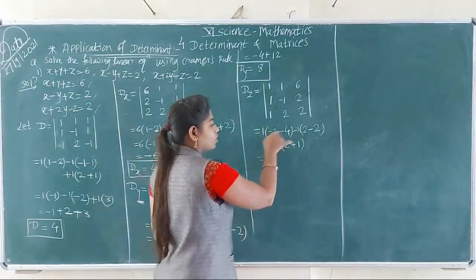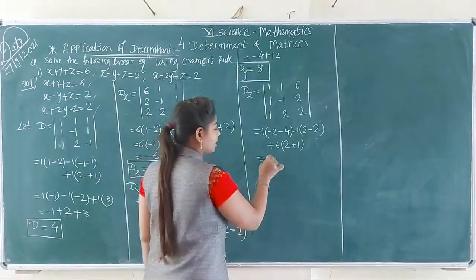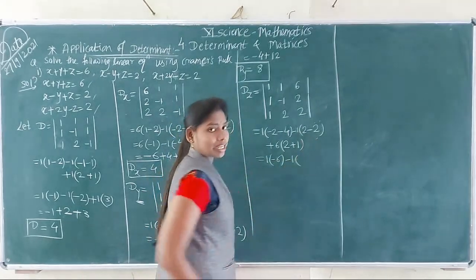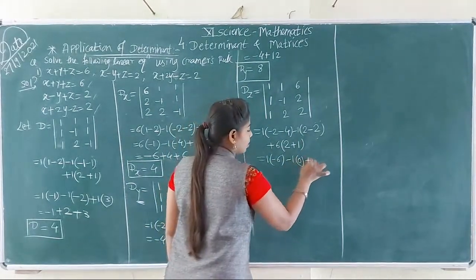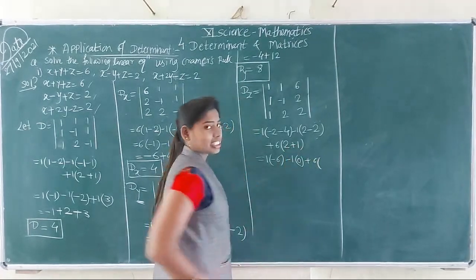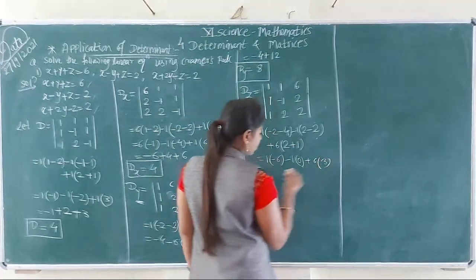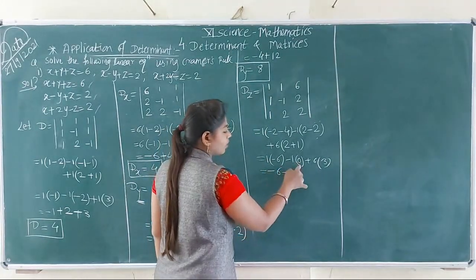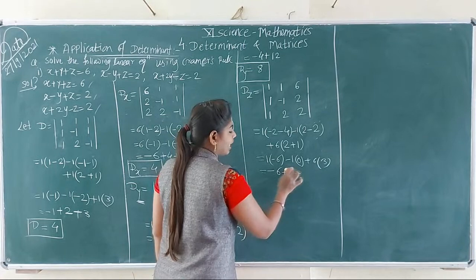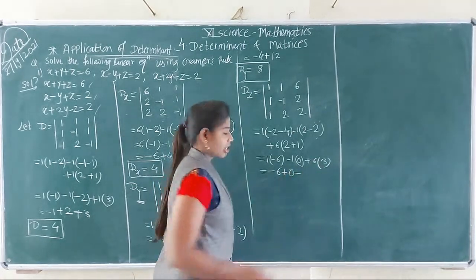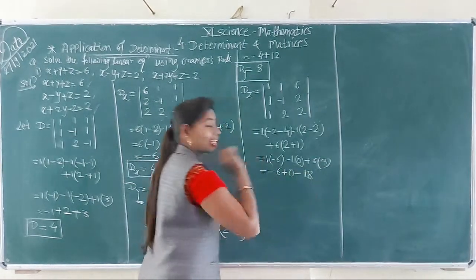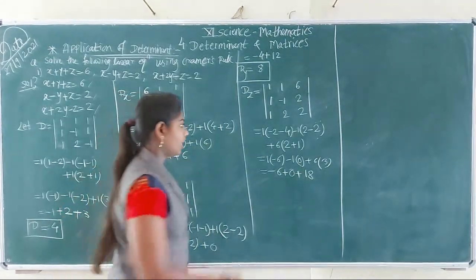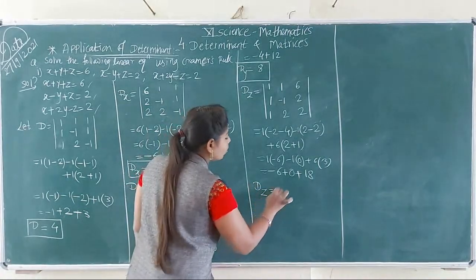So minus 2 minus 4 is minus 6. 1 into minus 6 is minus 6, 1 into 0 is 0, and 6 threes are 18. And 18 minus 6 plus 18 minus 6 is 12. So dz is equal to 12.